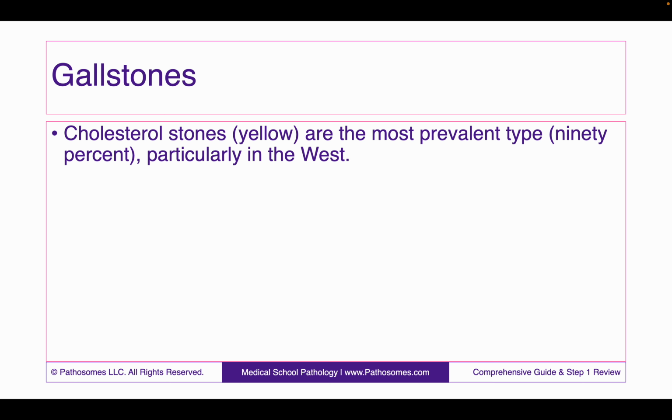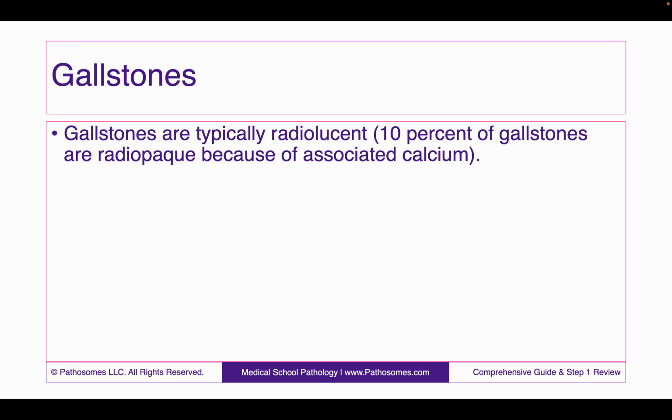Typically, cholesterol stones, which are the yellow ones, are the most prevalent type, approximately 90%, particularly in the West. Gallstones are typically radiolucent, and that's the 10% of gallstones that are radio-opaque because of associated calcium.